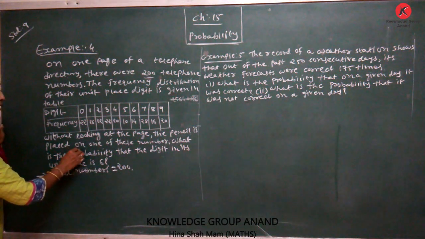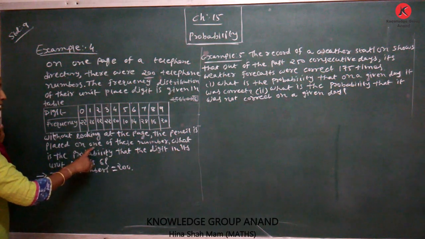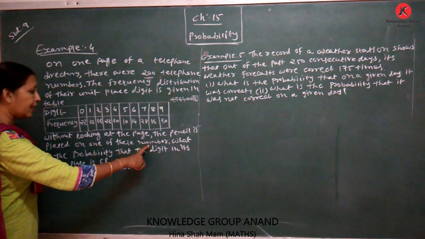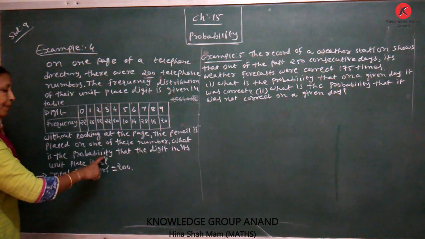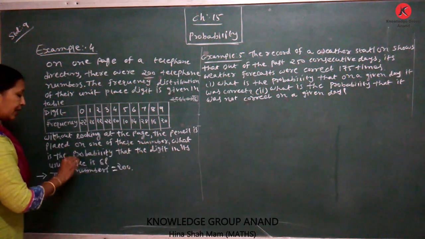We write here: the pencil is placed on one of these numbers. What is the probability that the digit in its unit place is 6?